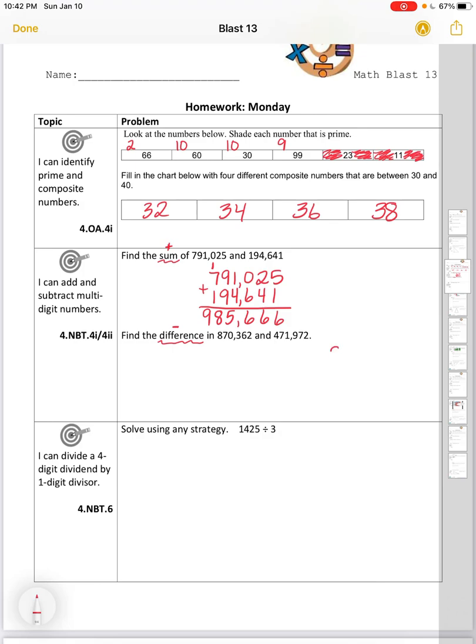So we're going to subtract the two given numbers, 870,362 and 471,972. Again, I'm making sure that I lined up my place values so that I can subtract like units. 2 ones minus 2 ones is 0 ones. 6 tens minus 7 tens.